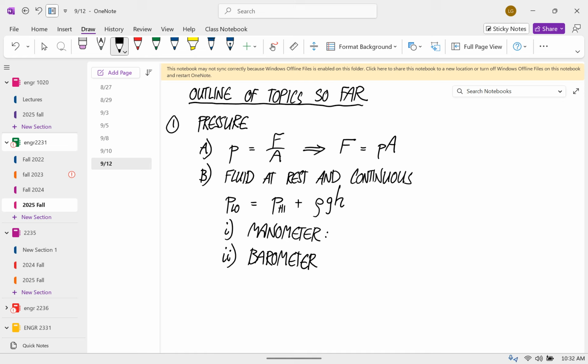Manometers are for calculating the pressure in an enclosed fluid. And barometers are for measuring the pressure of the atmosphere.